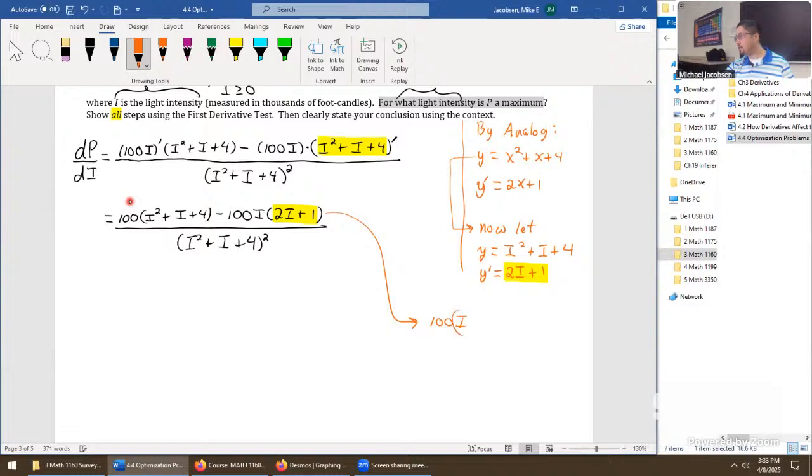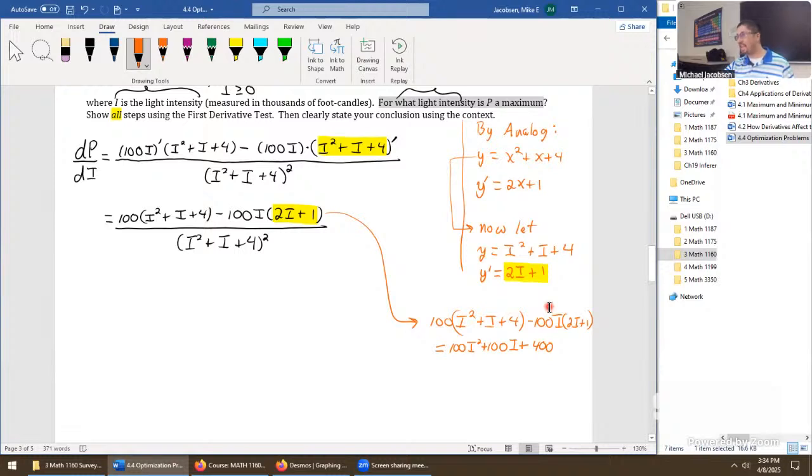100(i squared plus i plus 4) minus 100i(2i plus 1) becomes, first thing to do, distribute that 100 in: 100i squared plus 100i plus 400, and I didn't quite leave enough space.